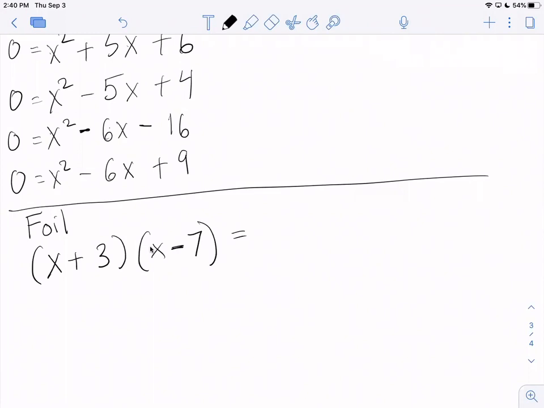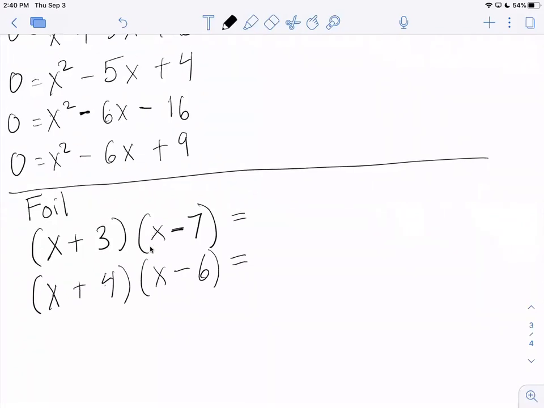So if you're shaky on factoring, it's very important to be good first at FOILing. And then I'll do here 2x plus 1 times x minus 3.